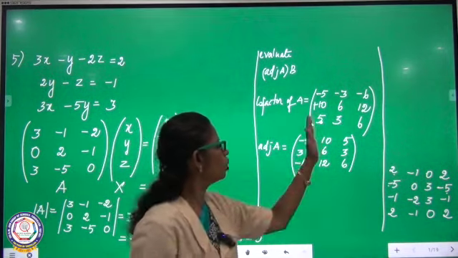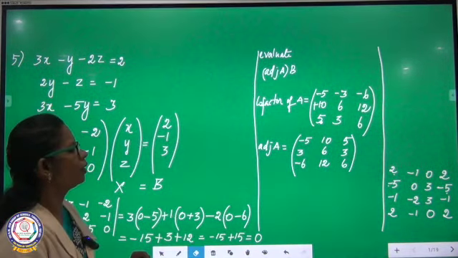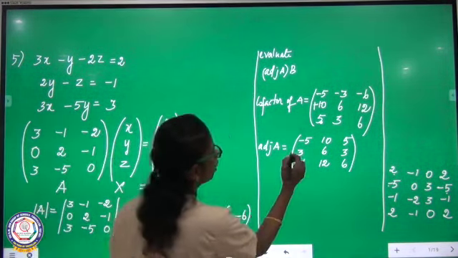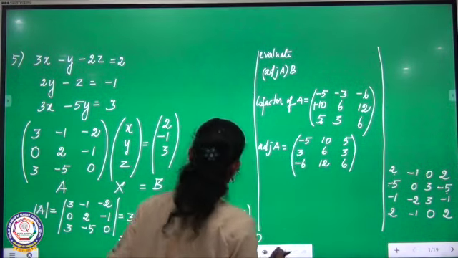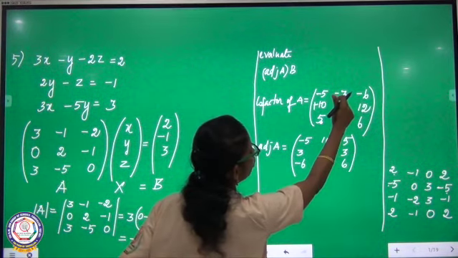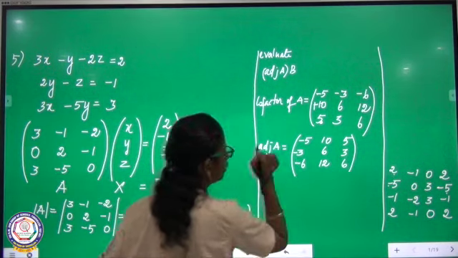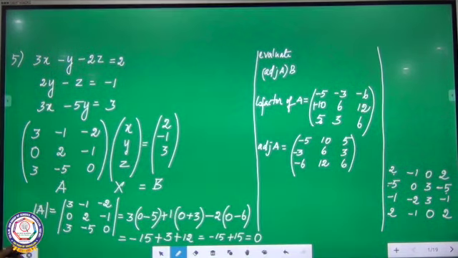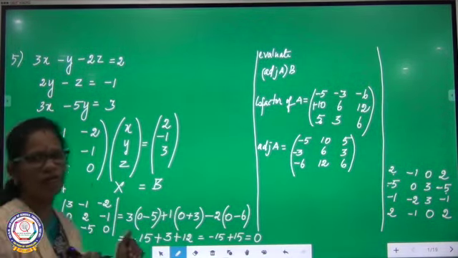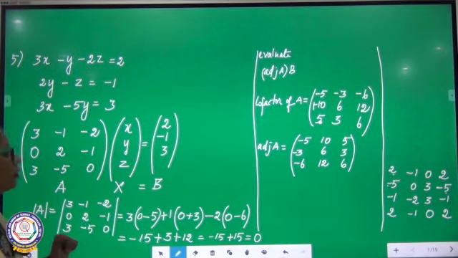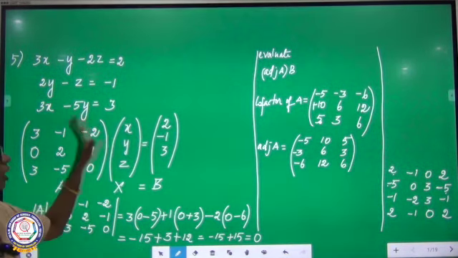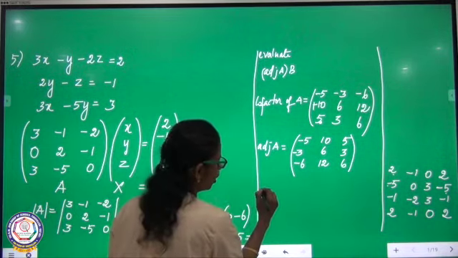Okay. The rows you converted into columns. Minus 5, minus 3, sorry. Minus 5, minus 3. Right? While writing the things, you have to be careful. Don't commit mistakes. Right? Now, adjoint of A into B we want to multiply.